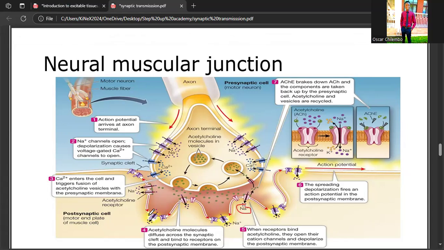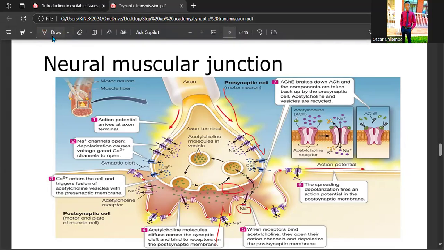All they want is for the signal to be sent across the synaptic cleft. Then they receive it through the channel and produce their own action potential. So this is all about how the electrical impulse is transmitted from one nerve to another.